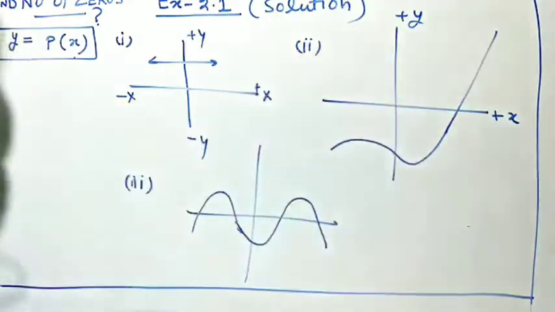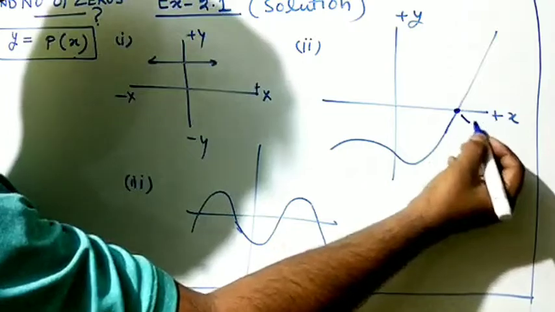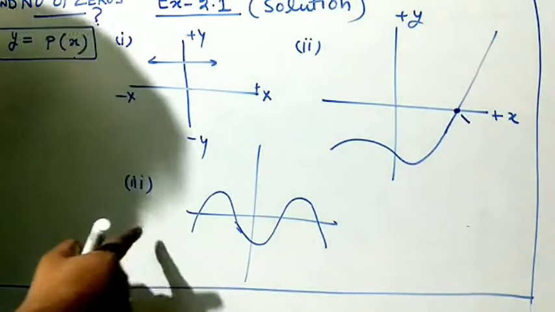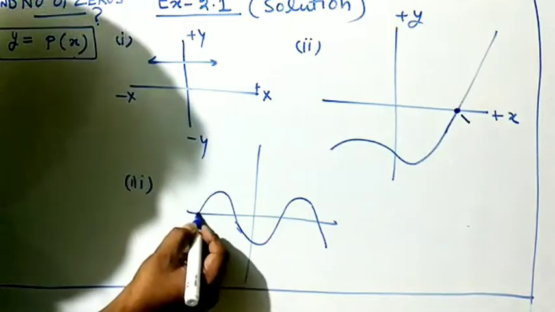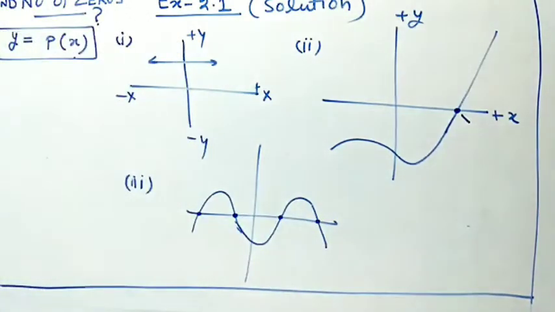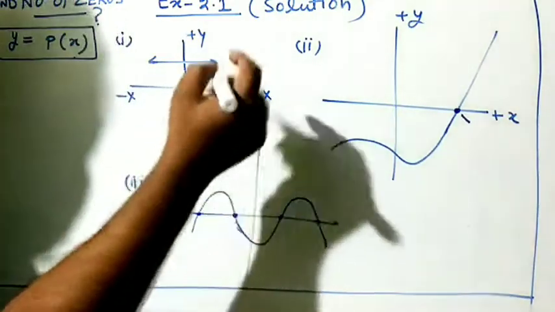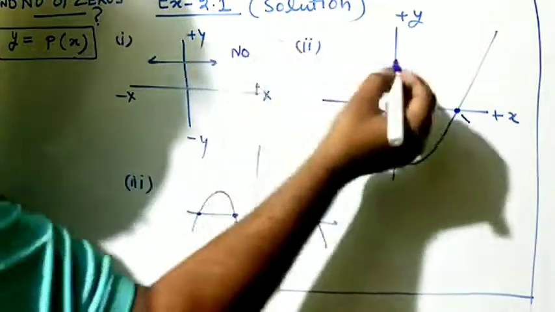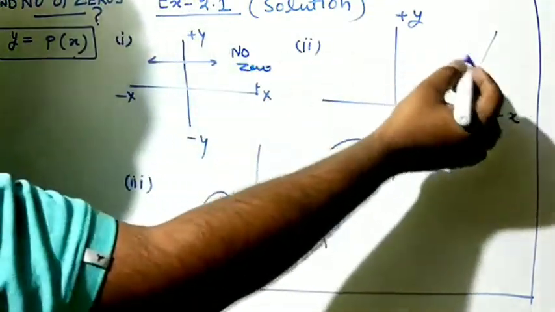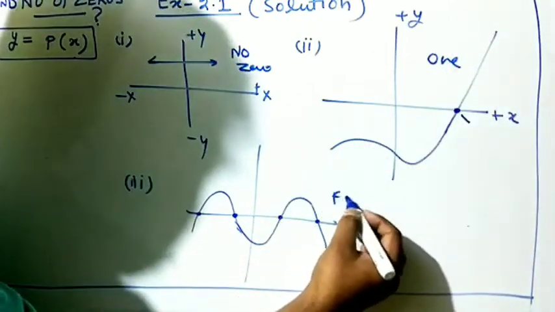In the second question, we have seen that there is only one cut here, so there will be 1 zero. In the third graph, you see there's one cut, then a second, third and fourth, so there will be 4 zeros. So here no zeros, here 1, or here 4.